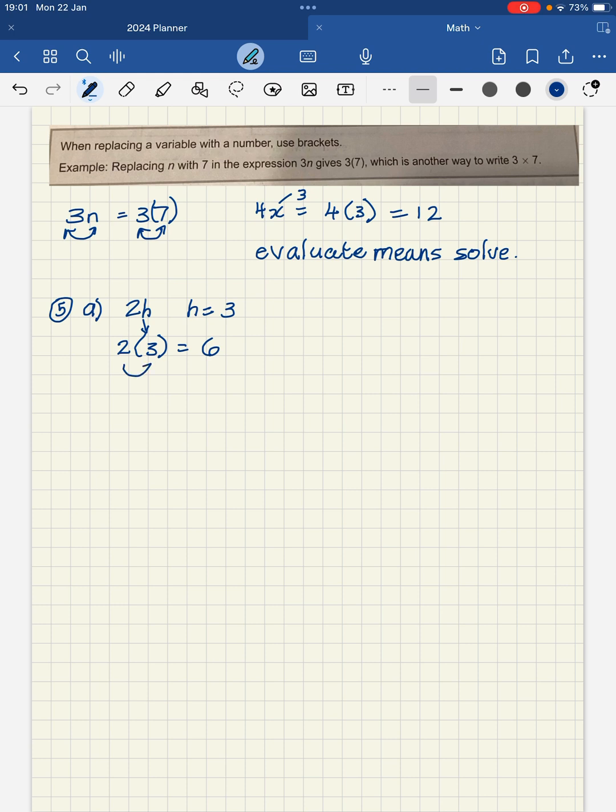Because 2 times 3 is 6. Also, if you have n plus 2 and n is equal to 5, then I'm going to do 5 plus 2. Do I need the bracket in this case? No, I don't, because I'm not multiplying. Okay, so you do question 5, A to F, and then you are finished for the day.